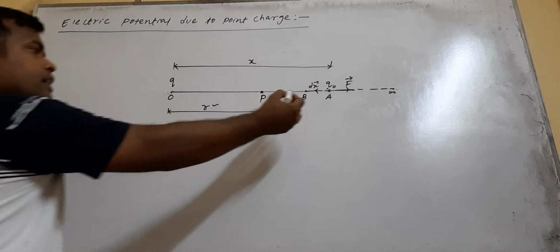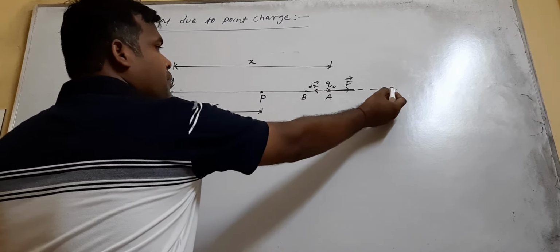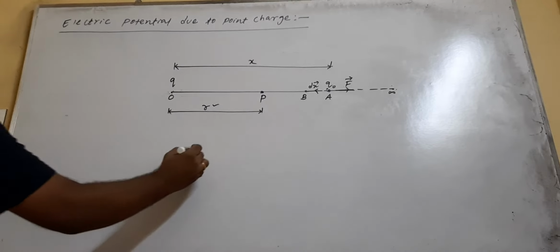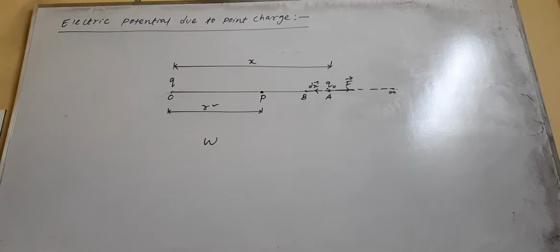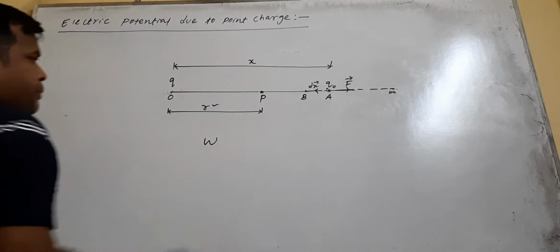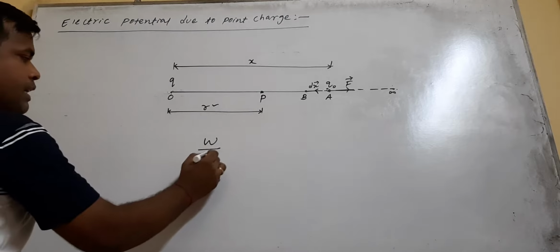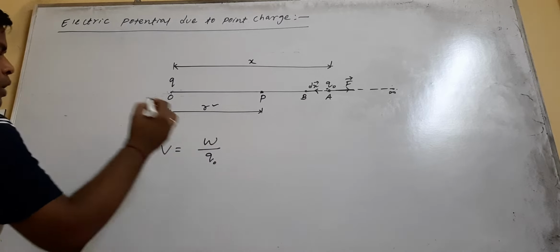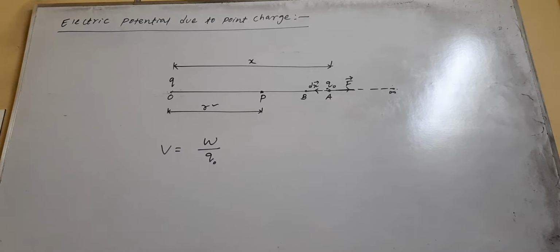We have to bring this test charge from infinity to the point P. Suppose the amount of work done is W in bringing the test charge Q0 from infinity to the point P. Then electric potential at P will be work done per unit charge, means W divided by Q0.